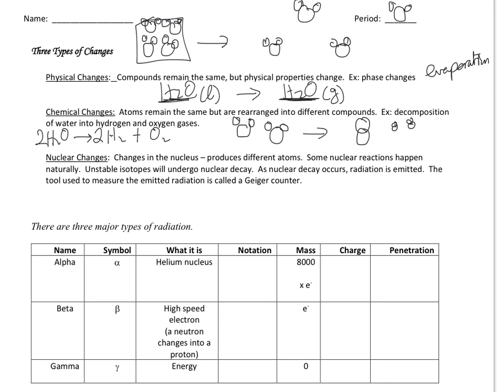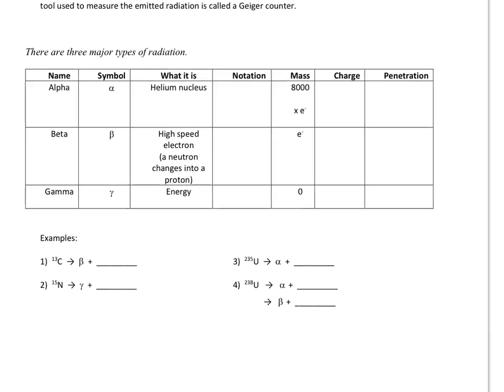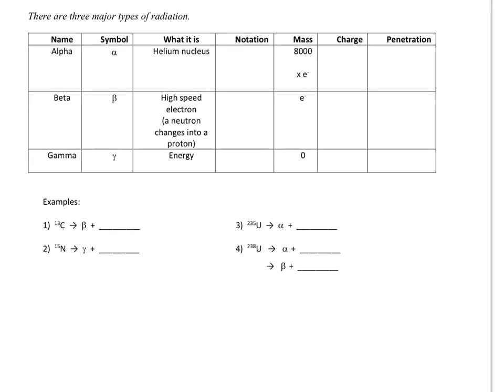So there are many types of nuclear radiation that is emitted when you have a nuclear reaction happening. We're only going to talk about 3, alpha, beta, and gamma decay. And I know that you've covered that in physical science, so hopefully that should be a review for all or most of you.